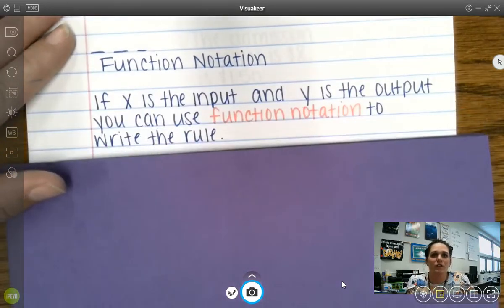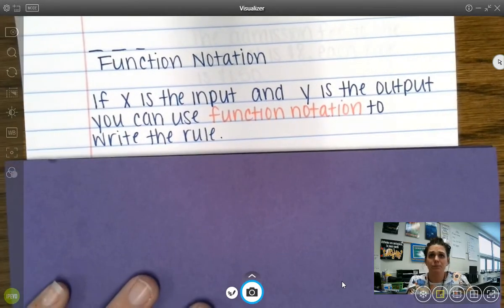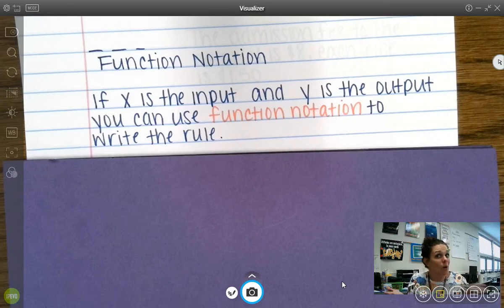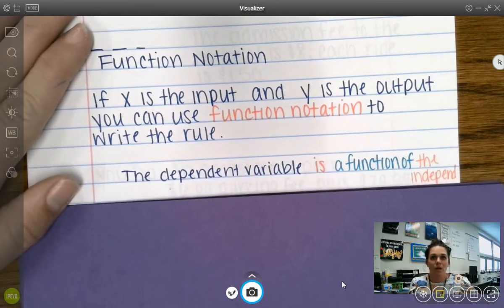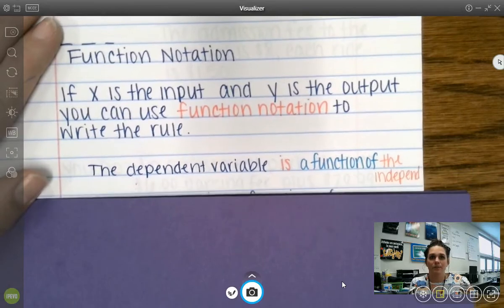All right, so first off, we need to remember if X is the input and Y is the output, you can use function notation to write this rule. Weird, right? Function notation, a way to write functions. So if I have an input and I have an output, that's a function, which means I can use function notation. All right, so here is our first fact.